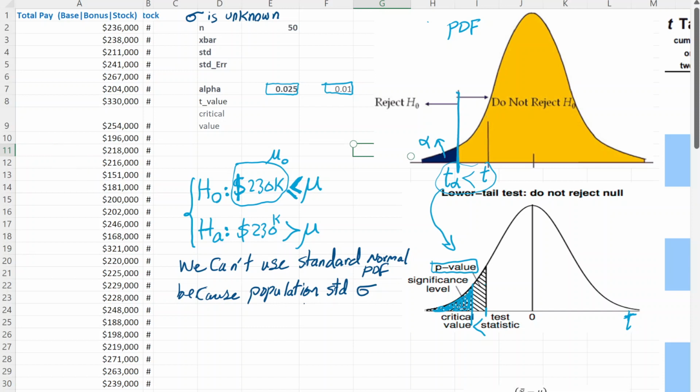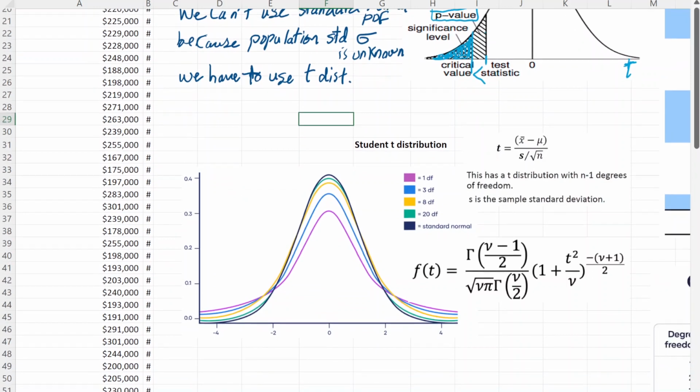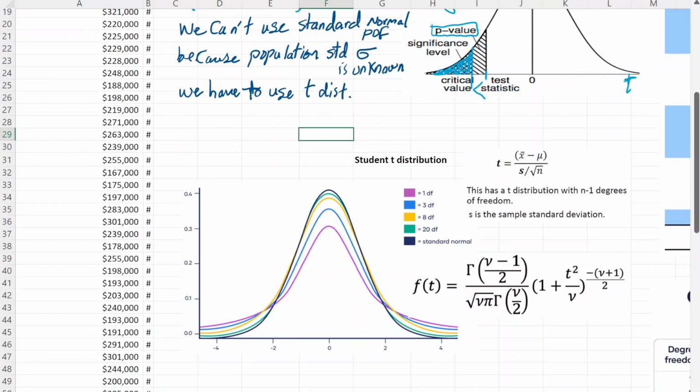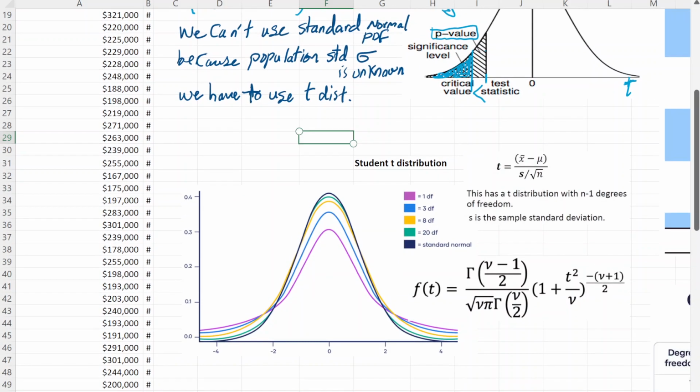So since the population standard deviation sigma is unknown, we have to use the T distribution, or Student distribution. And that T distribution is what I highlight here. There you go. So we can't use a standard normal, we have to use the T distribution.